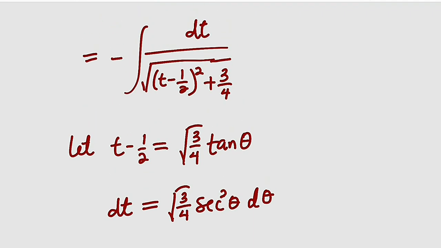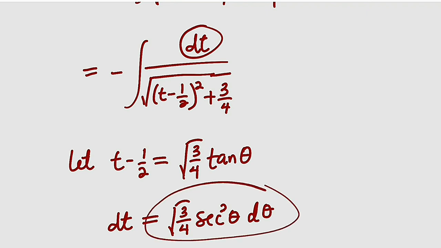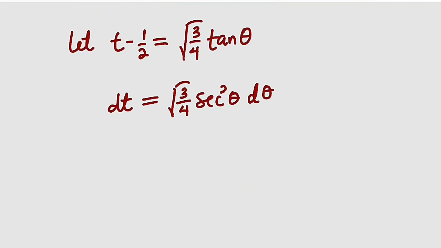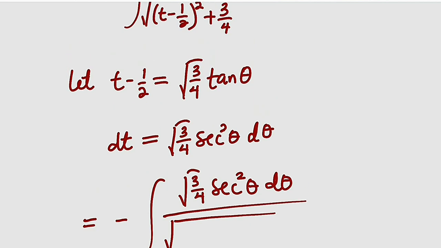Let us back substitute. Already we have dt here, which we are going to replace with the whole of this. So this is equal to negative the integral of the whole of this, square root of 3 divided by 4 secant squared theta d theta, divided by the square root of what?